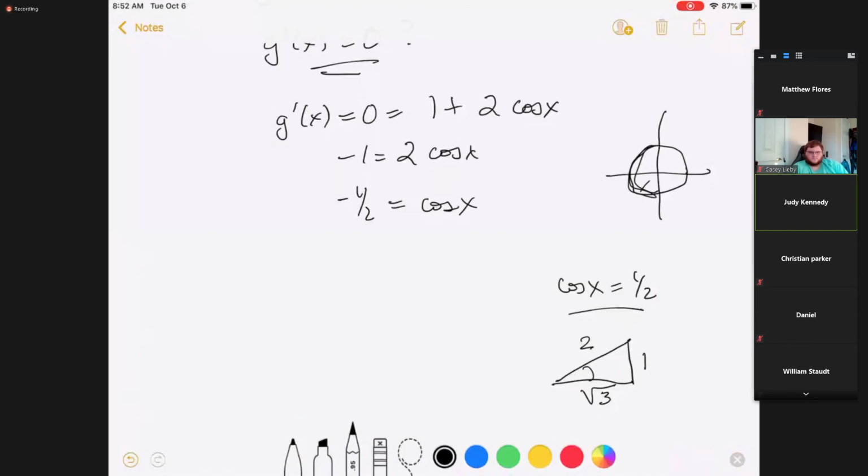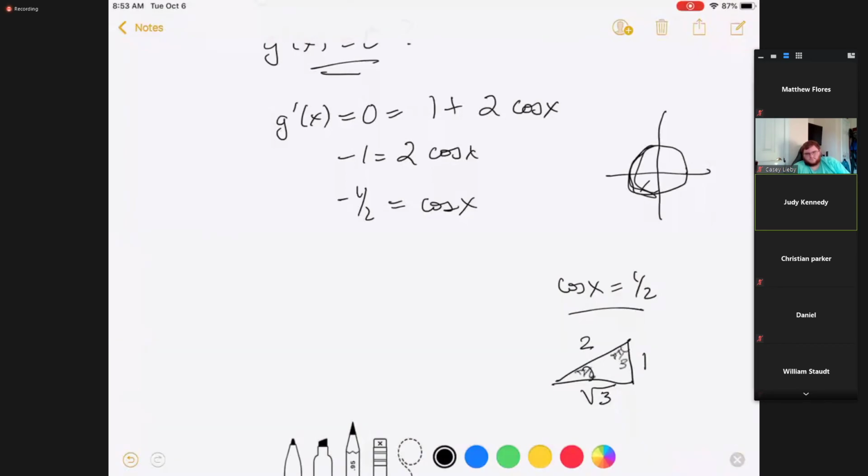Well, the triangle, okay. This is pi over 3. Wait a minute. Nope, okay. That angle is pi over 3 right there. This angle is pi over 6, right?